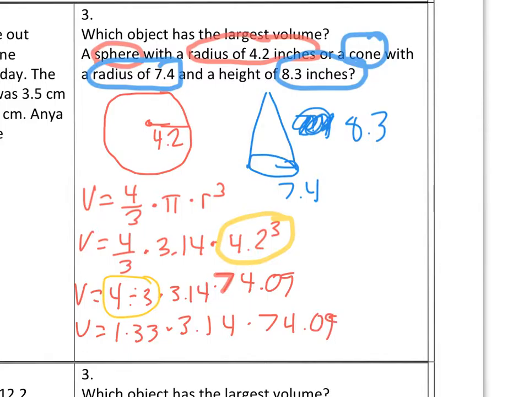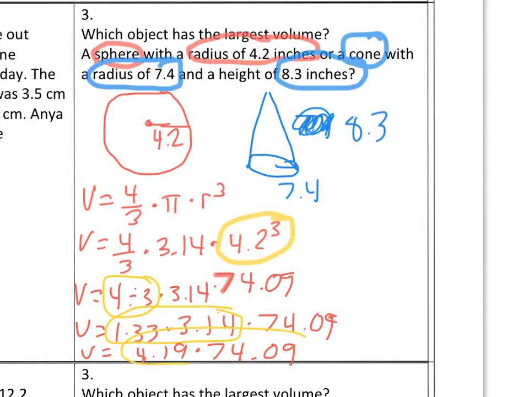And we know that this part right here, 1.33 times 3.14, that's what the calculator right now, that turned into volume equals, let's see, 4.1, call it 9, let's round up, 4.19 times 74.09. And now we're at the last part.